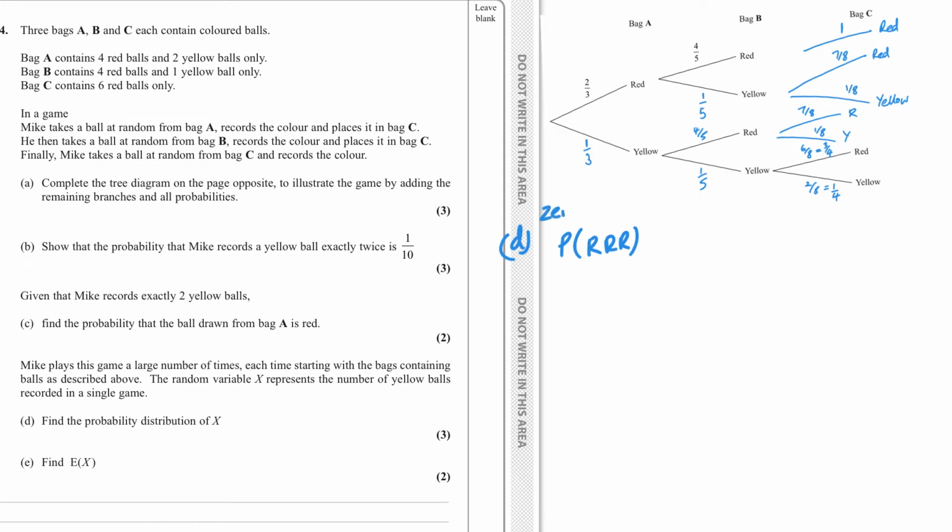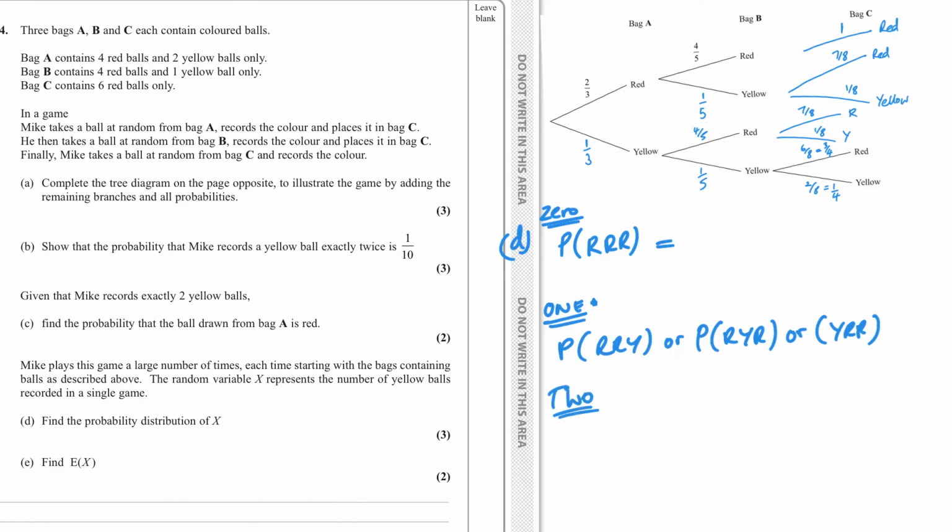So this is 0 yellows, and I can work that out. 1 yellow, well, this has got to be red, red, yellow, or red, yellow, red, or yellow, red, red. 2, well, we know that's just 1/10. I won't bother writing that down. And 3, we've got probability of 3 yellows. So this is all the calculations that I need to make.